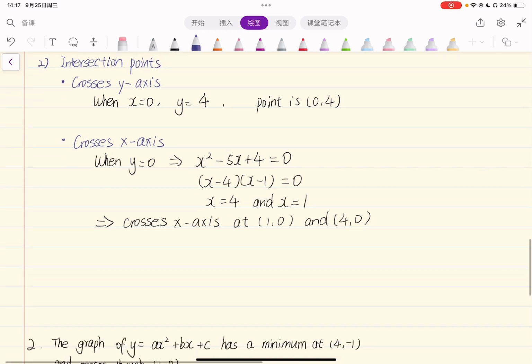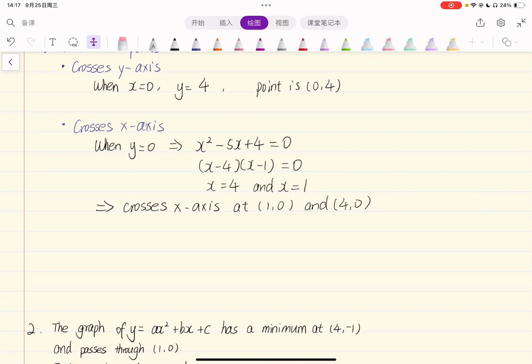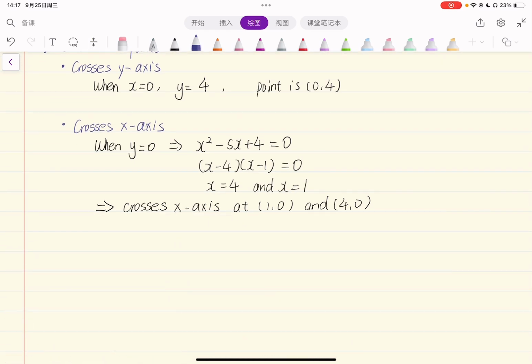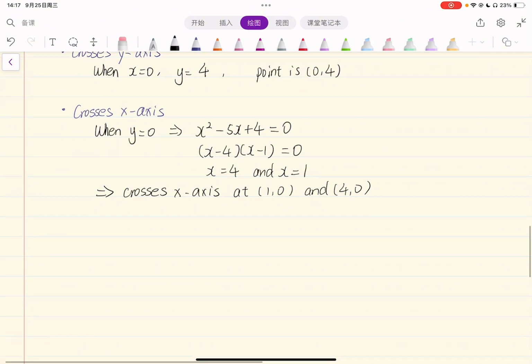Then move on to the third step. We need to determine the turning point.